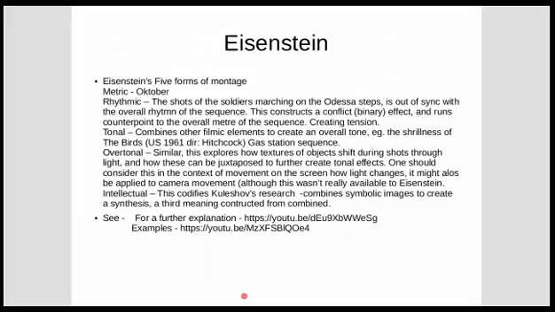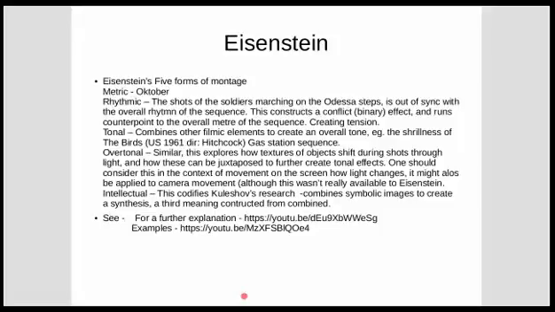So Kuleshov was the initiator of this, but Eisenstein was the person who developed montage into its most eloquent and highest forms. And Eisenstein identified 5 different forms of montage, which he described as metric, rhythmic, tonal, overtonal, and intellectual.